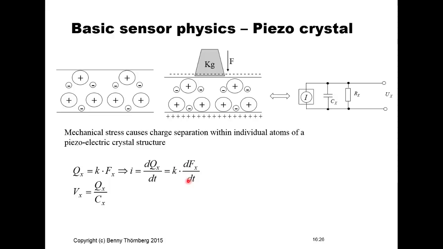And the voltage over that capacitor that we see here is the charge Qx divided by its capacitance Cx. But since, as I mentioned before, the crystal also has a resistance, or it is losing its charges after some time, we model this system as a first order differential equation with a discharging resistor of this capacitor according to this equation that we see here.